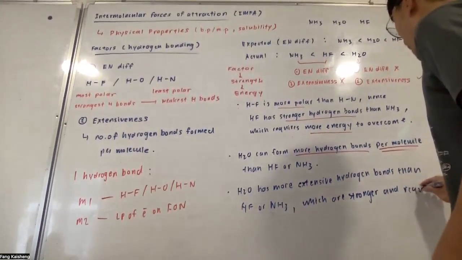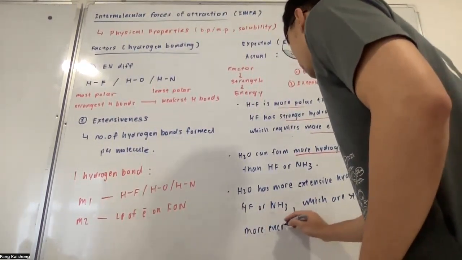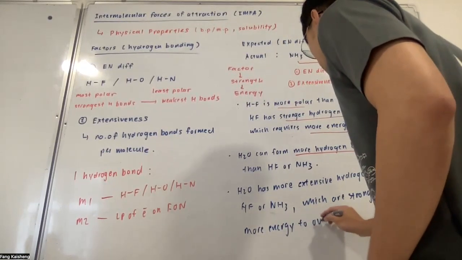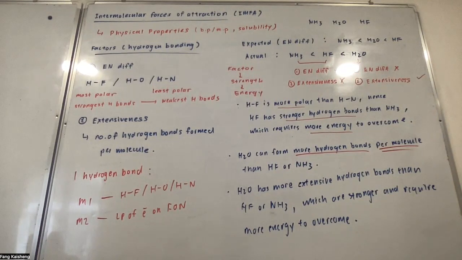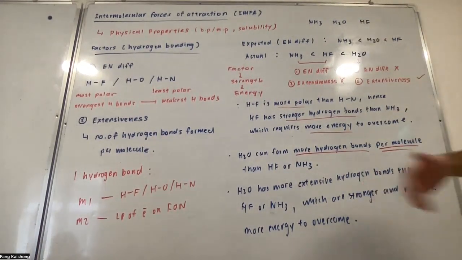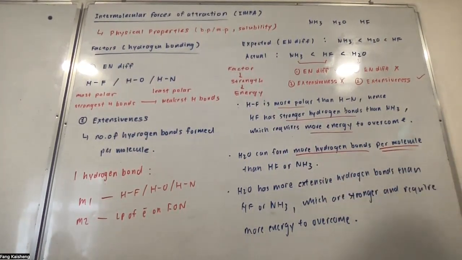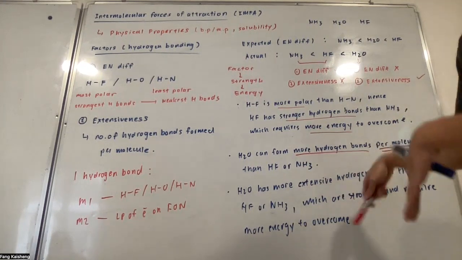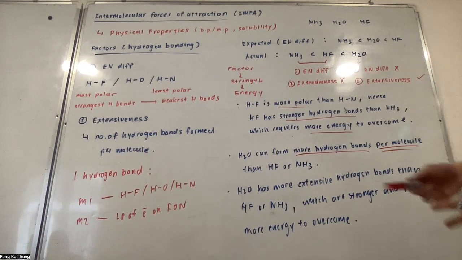You see how I make my answer very concise? Some of you will blow this answer out of proportion, saying more extensive hydrogen bonds, stronger, and more extensive means stronger hydrogen bonds. They repeat the words hydrogen bonds twice. This is how you shorten your answer.